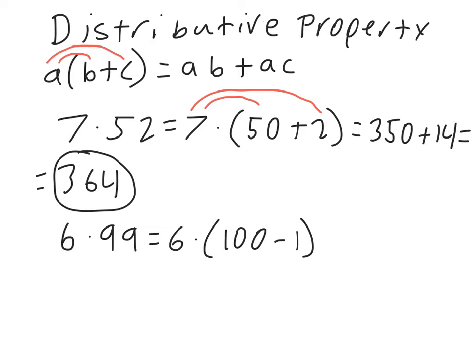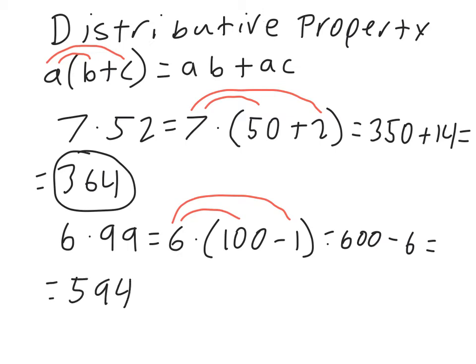Now, we multiply 6 times 100 and 6 times negative 1, or minus 1. And 6 times 100 will give us 600. And then minus 6 times 1 is 6. And that will end up equaling 594. I'm pretty sure everyone watching this can agree that that's a lot easier than trying to multiply 6 times 99 out.